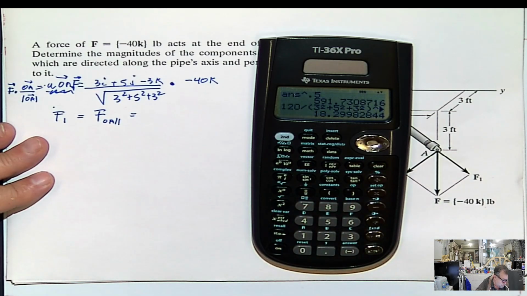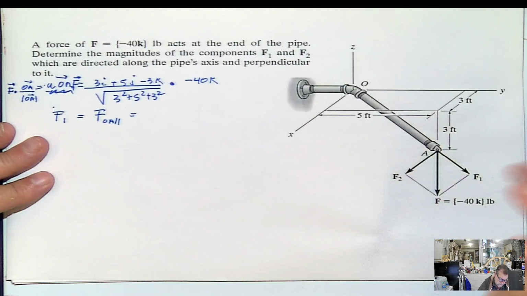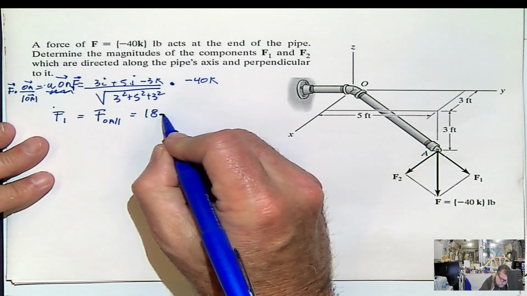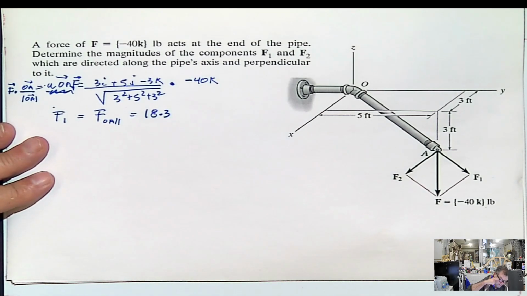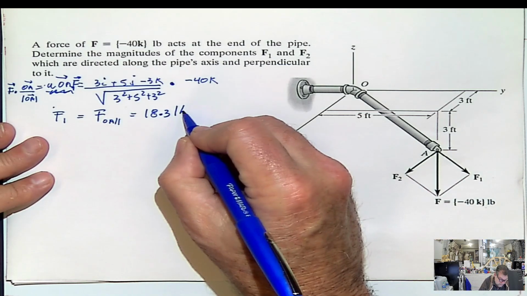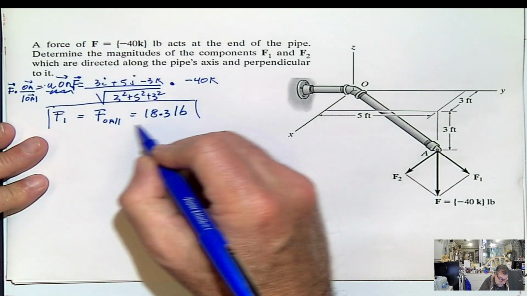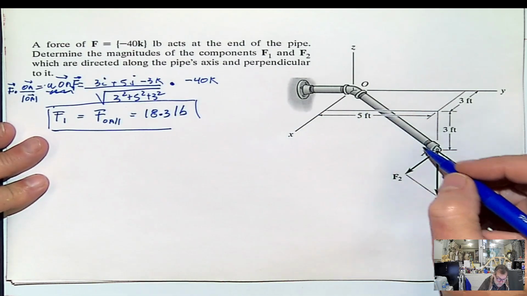That will be the value of 18.3. 18.3 in the magnitude is pounds. So that will be the component parallel or in the direction of OA.